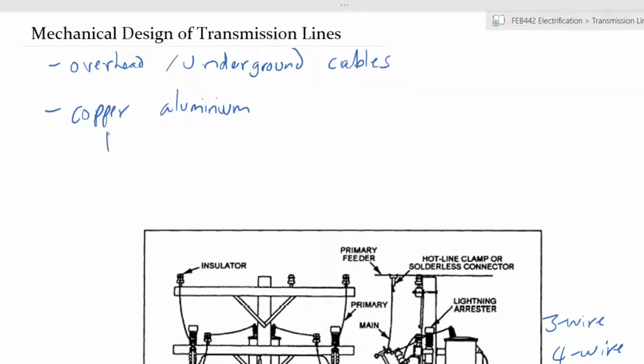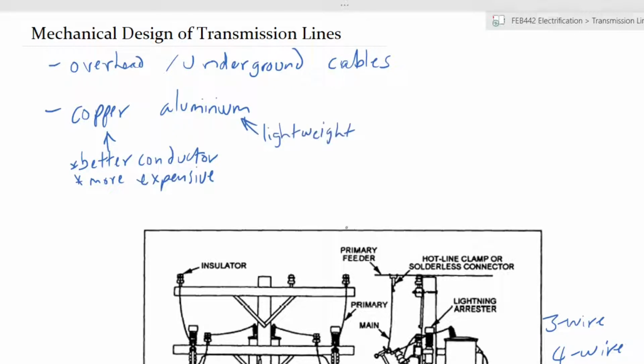In the case of copper, copper is the better conductor, but it is also more expensive. Aluminium in turn is lightweight and more durable, because copper cables tend to have deterioration and they are more susceptible to corrosion than aluminium.